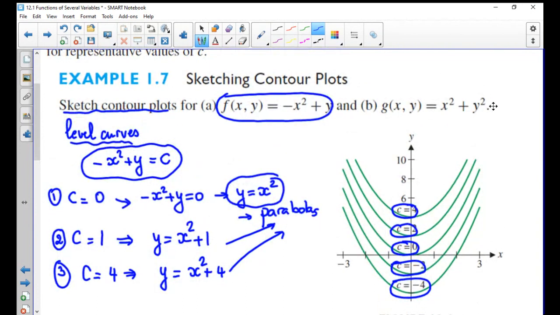How about the g? If you want level curves for g, so you will have the equation x squared plus y squared equal to c. What are the level curves in this case? Circles. Yes, they will be circles.